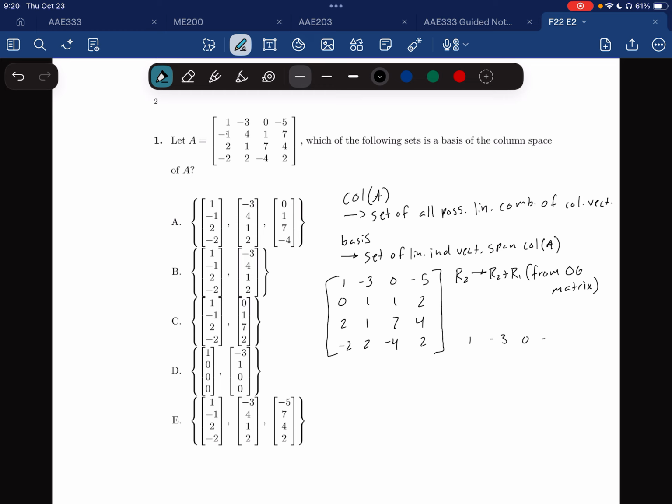Our first two rows are going to stay the same. But now R3 is R3 minus 2 times R1. So 2 minus 2 is 0, you know, that's what we were aiming for. 1 minus -6 is going to be 7. 7 minus 0 is just 0. And 4 minus 10 is going to be equal to -6. And then this stays the same.